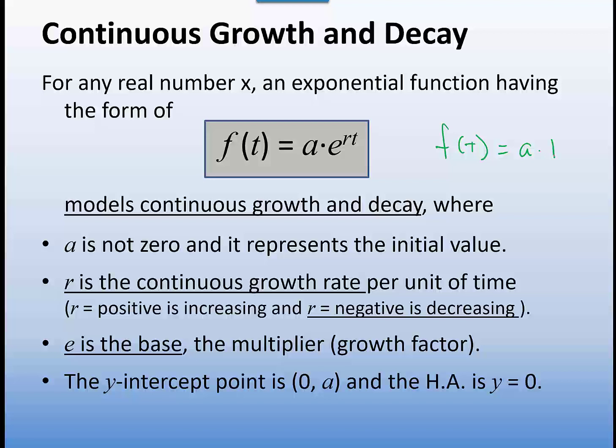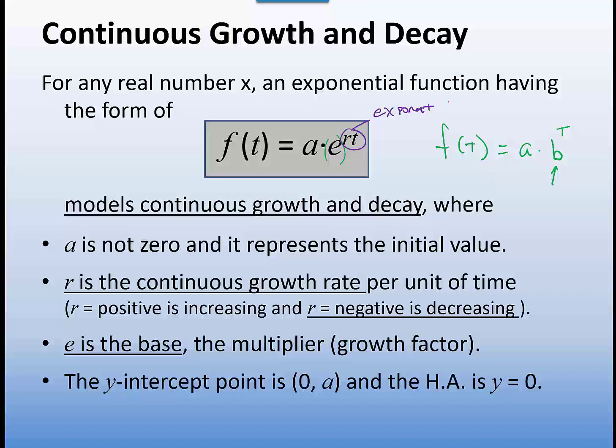But then our multiplier base was just B. Now we have a different multiplier base. It's that new special number, 2.71828. And the exponent is a multiplication of two things. This is the exponent. It is R times T.